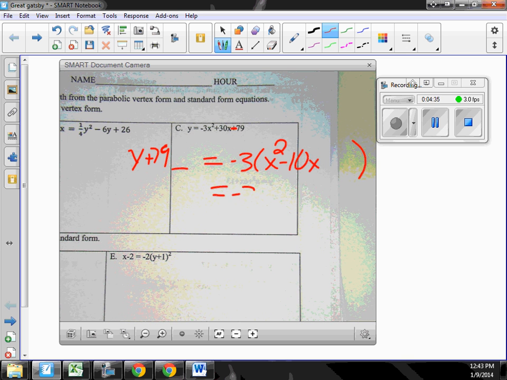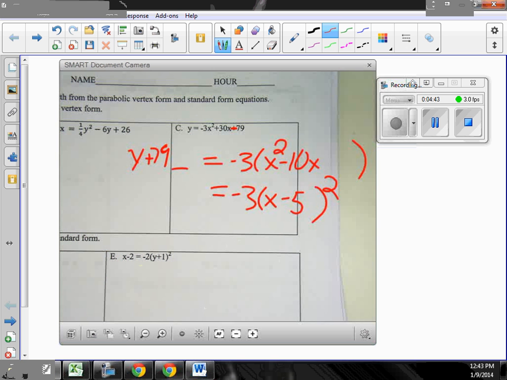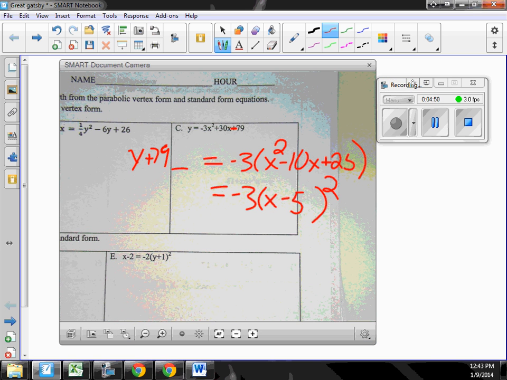Okay. So now my factor is going to be x minus 5 squared. If 5 is my factor, what is my perfect square? 25, but it's not really a 25. It's negative 3 times 25, which is negative 75.